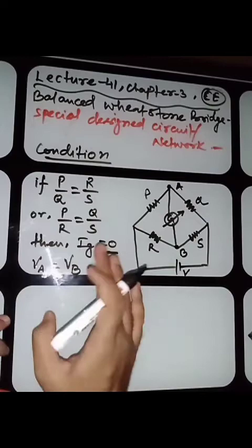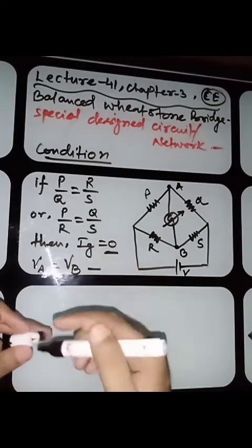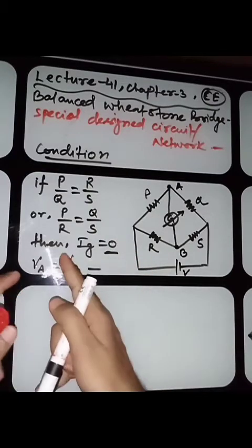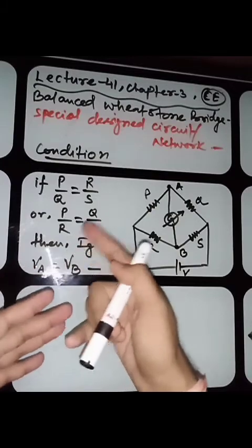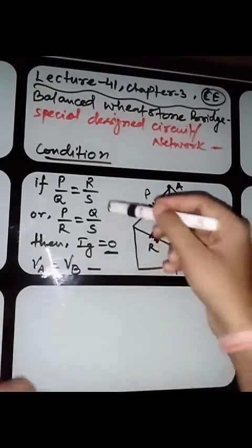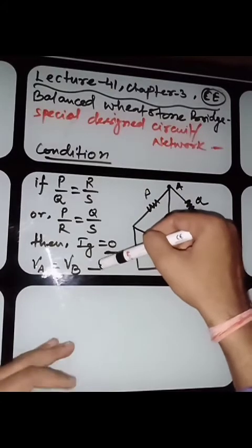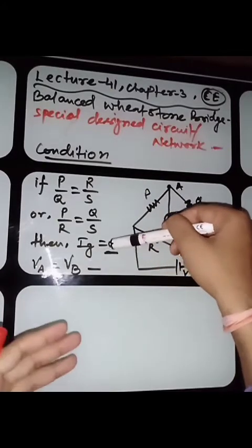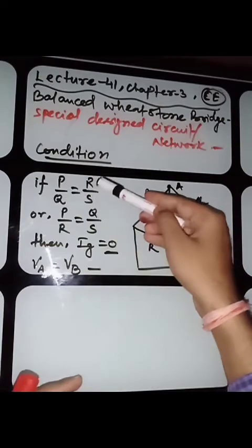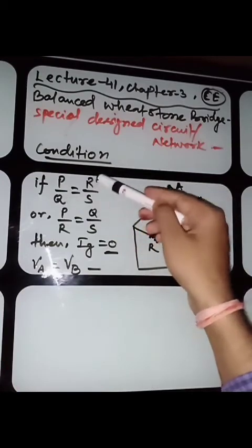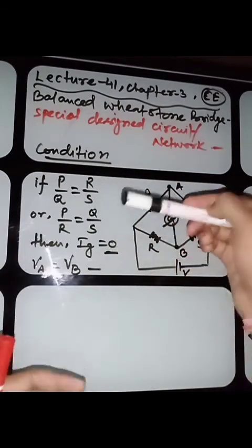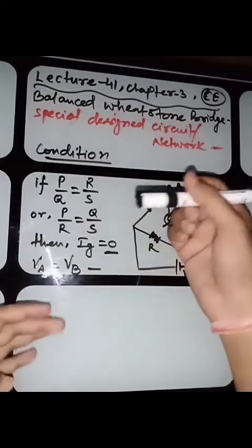You may even be asked in the board examination to prove this condition, using any one condition. If you use Iz equals 0, then you have to prove P by Q equals R by S. If you use P by Q equals R by S, then you have to prove Iz will be 0.